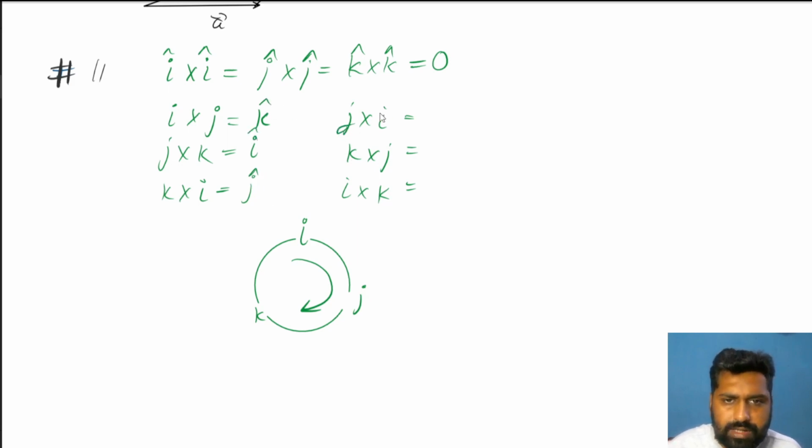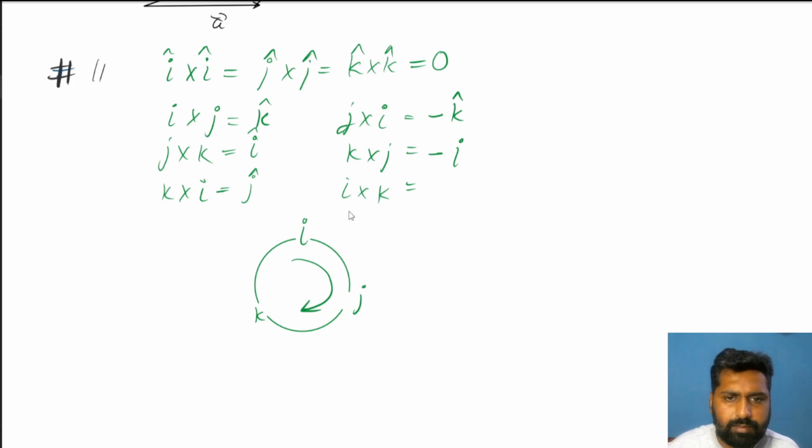Then what happens with j cross i? Same circle, but you are moving opposite to the direction that I have mentioned. Whenever you are moving opposite to the direction, you have to put a negative sign. So j cross i, move to the next one, k, but it will be minus k because we moved in the anti-clockwise direction, not the clockwise. K cross j, from k to j we are moving anti-clockwise, opposite to this, so k cross j will be minus i.